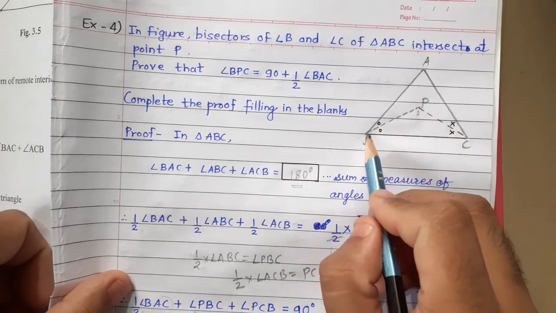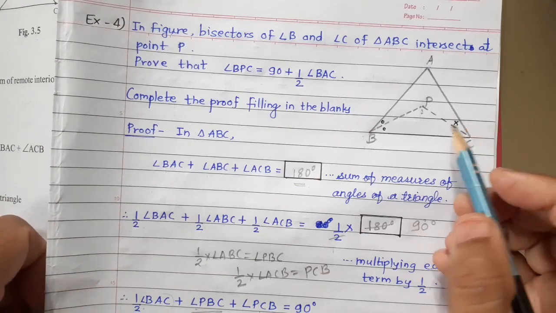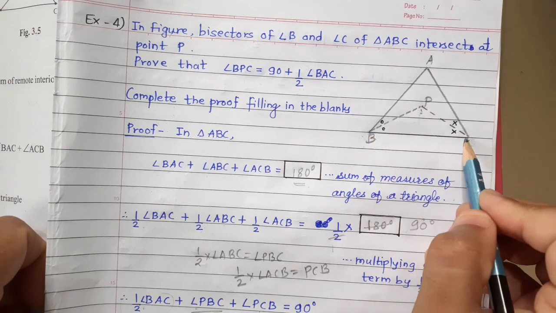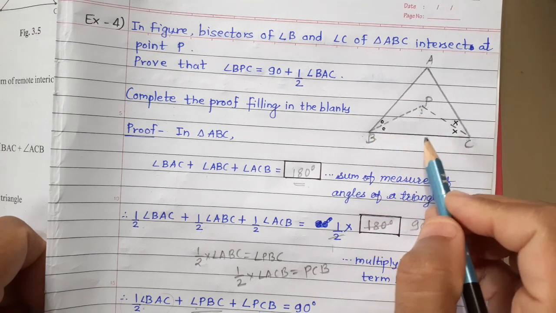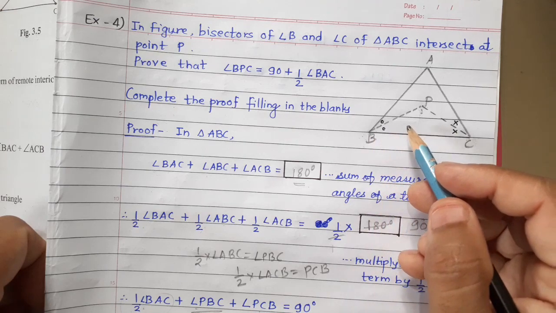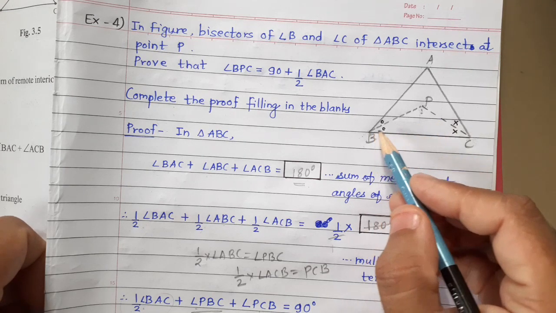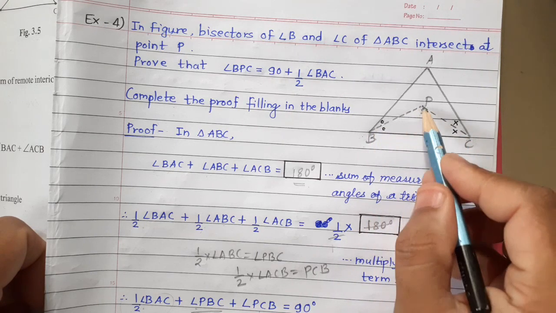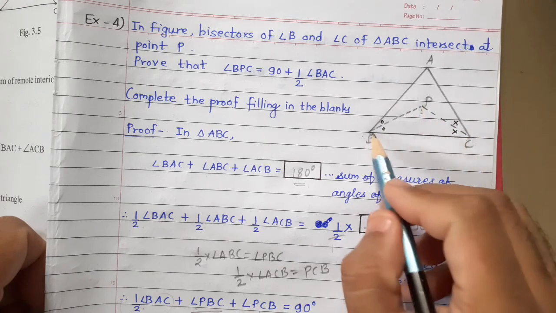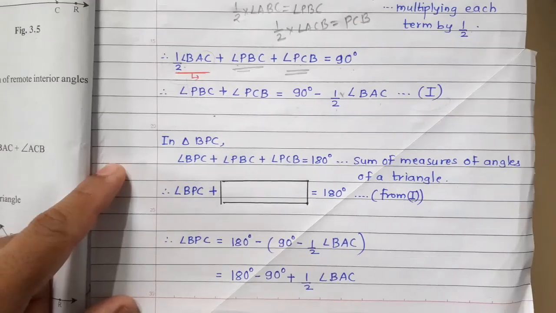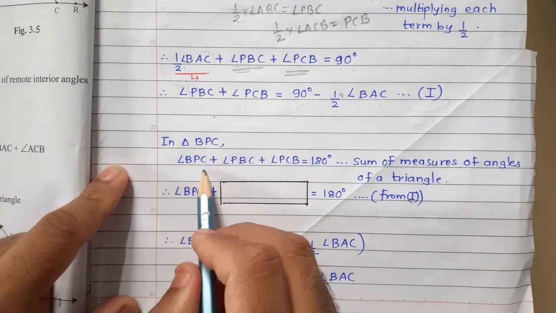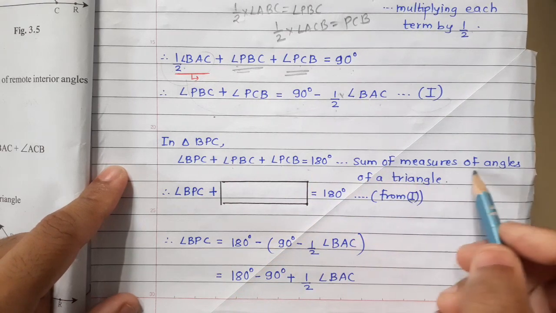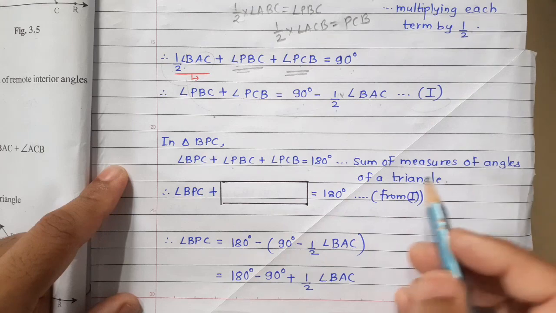In triangle BPC we can write angle BPC plus angle PBC plus angle PCB is equal to 180 degrees, and the reason is that the sum of the measures of the angles of a triangle is 180 degrees.